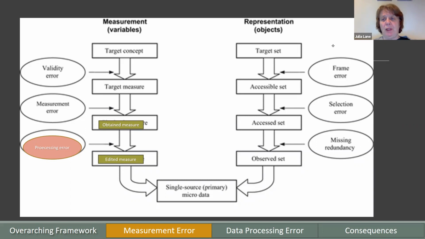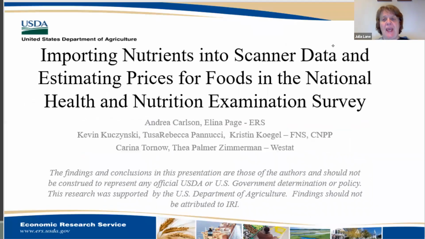And so the example that I wanted to talk through is the situation where you have a very rich data set, scanner data. So let me talk about this in the context of the problem that's trying to be solved. So the problem is you want to try and figure out whether people are eating healthy food.